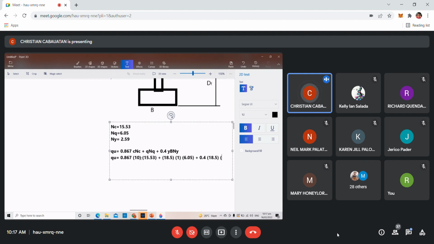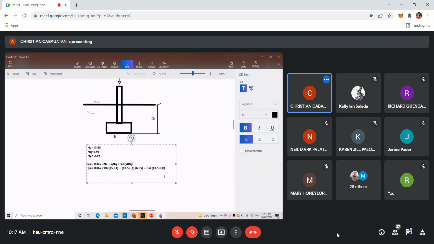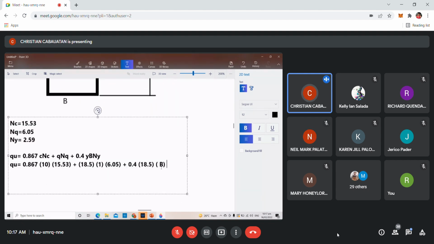Multiply natin siya kay B, which is yun yung unknown, yun yung ating hinahanap. Multiply natin siya kay N gamma, which is 2.59. So, ang qu natin therefore is equal to, ano yung qu natin?